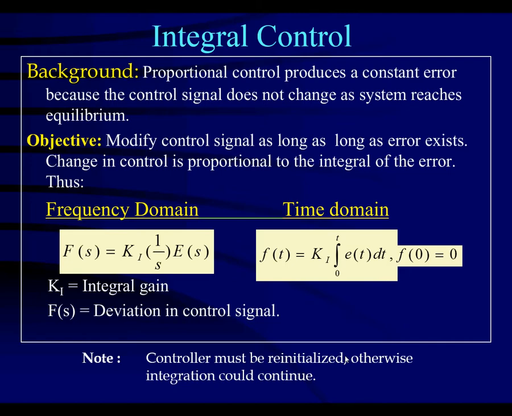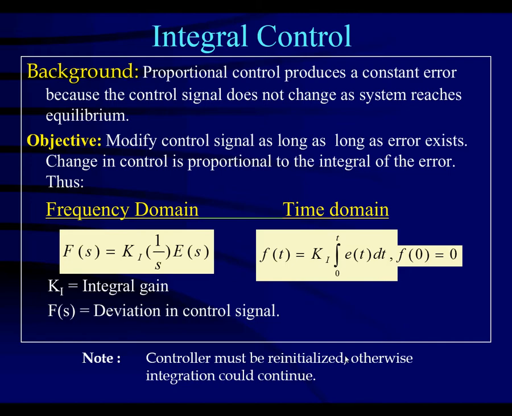What we would like as an objective is to modify the control signal as long as the error exists. So you're going to say, look, if you have an error, I am going to use integral control to get rid of it.